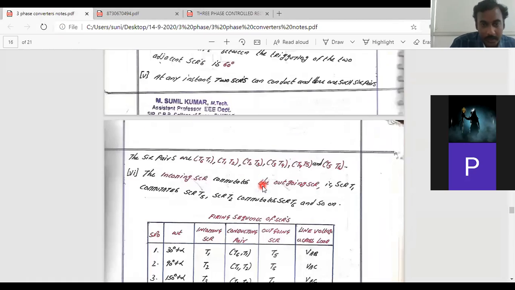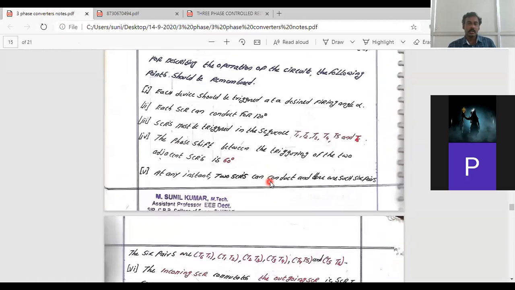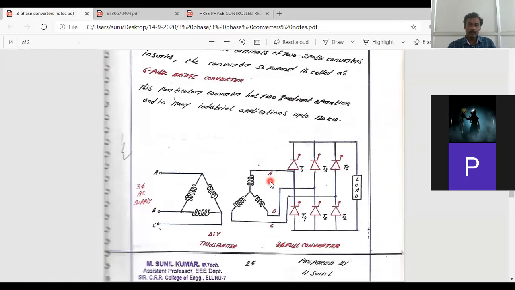Place the side heading of three-phase full wave converter and draw the circuit diagram, the 6 pulse full converter or three-phase full converter, and copy this circuit.